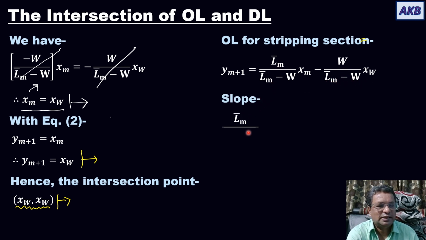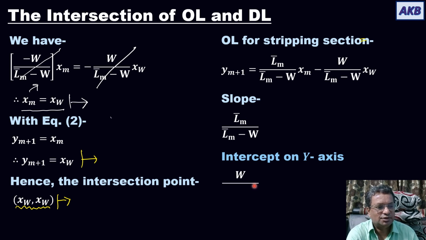Slope is L bar m upon L bar m minus w, and the intercept made by it on the y-axis will be minus w upon L bar m minus w into xw.